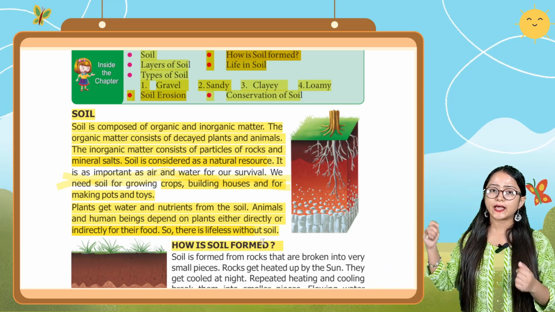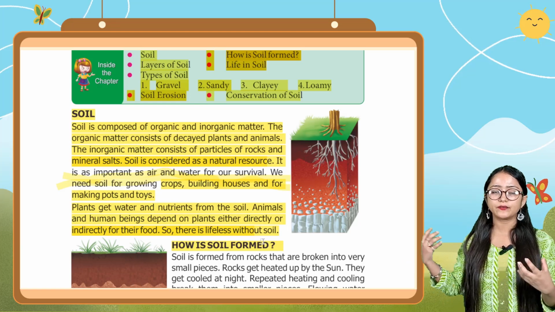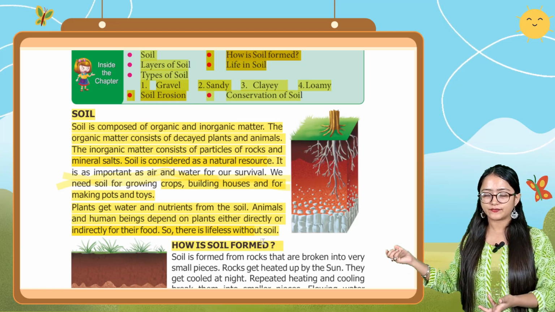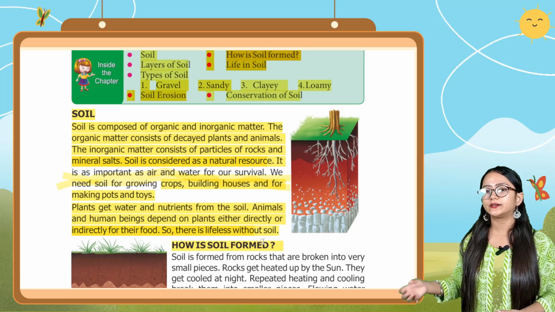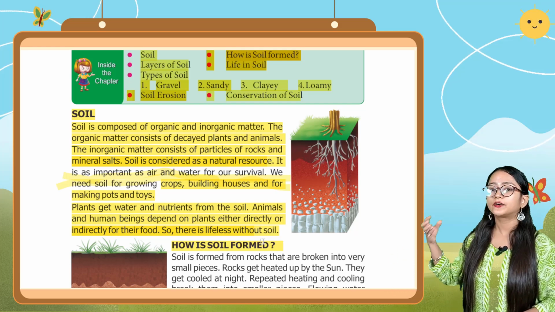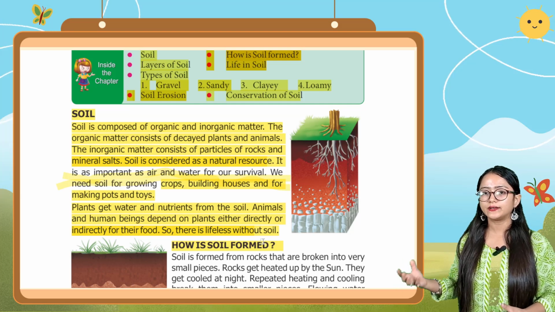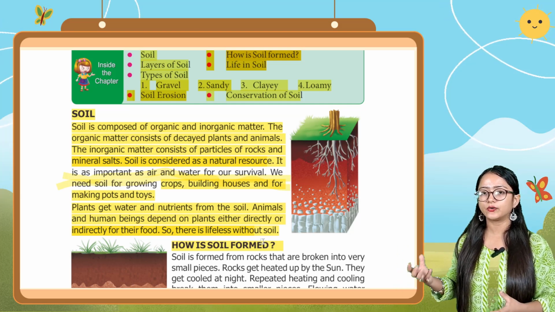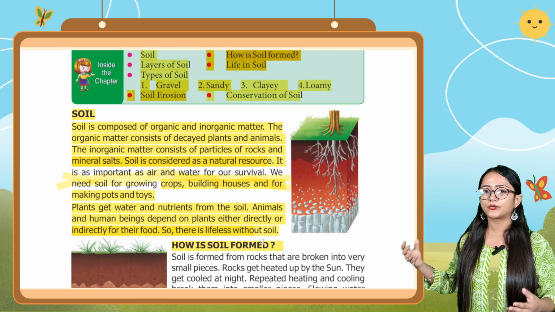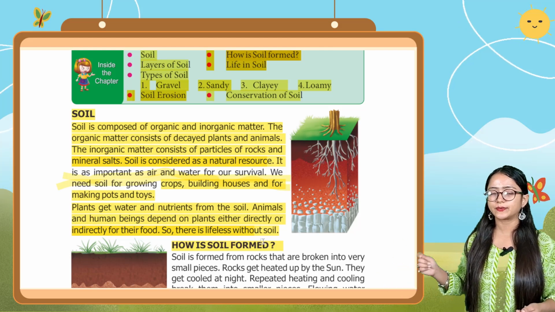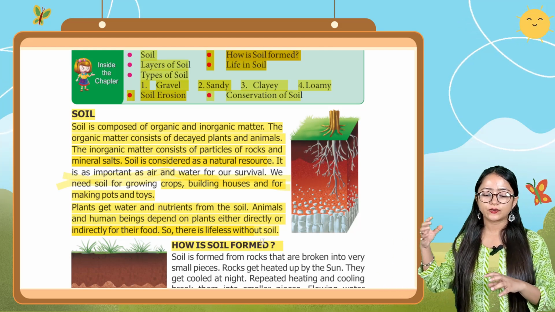It is as important as air and water for our survival, because if soil is not there, then how can plants grow on the land? It requires soil for growth. Plants can't grow in cemented land, so they require soil.